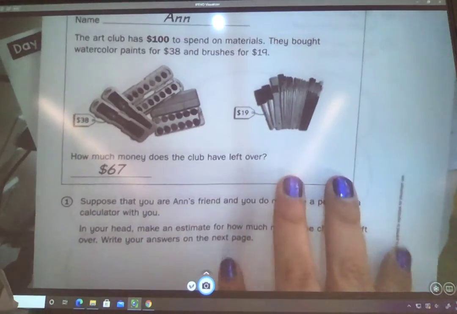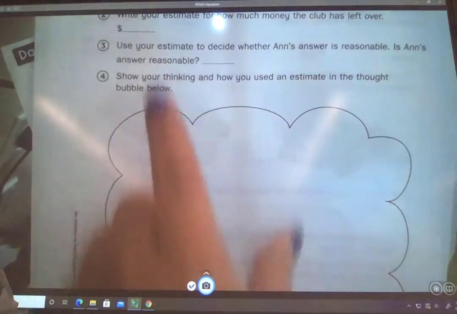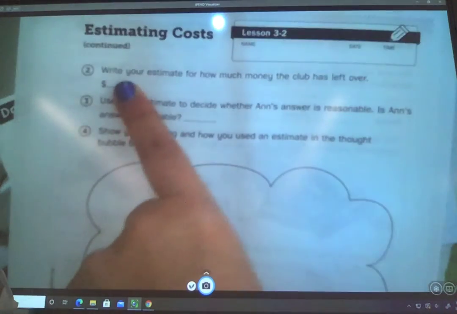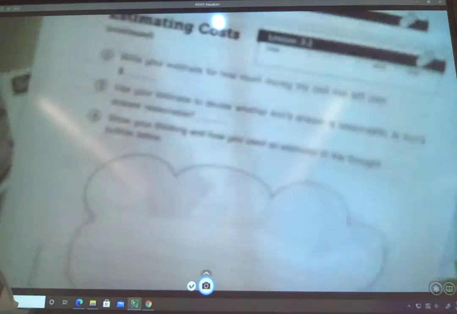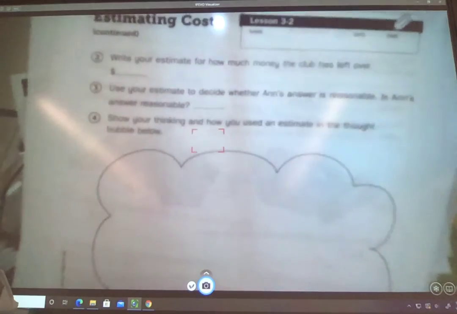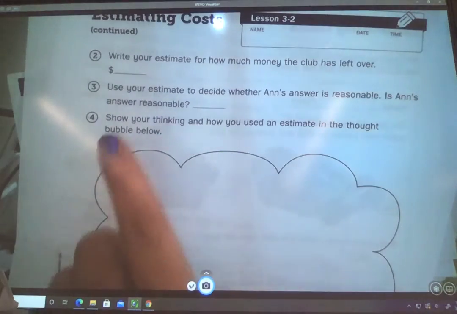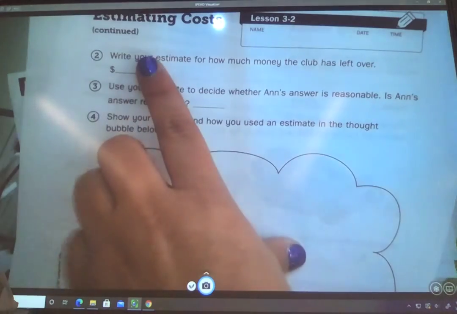So if I take my paper and I flip it over, you are going to write your estimate here for how much money. Let's get it a little zoned in. So write your estimate for how much money the club has left over right here.